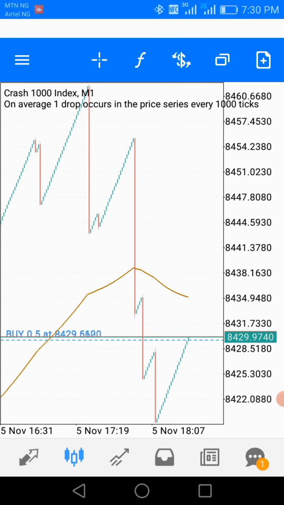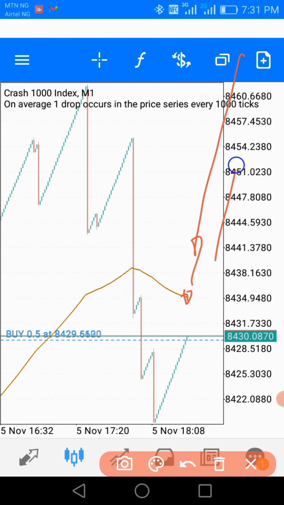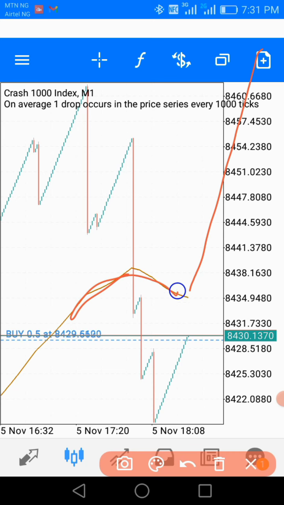Now remember, I said that for the market to cross and start having a very strong impulsive bullish move, it has to cross this. In other words, for Crash 1000 to have long trends, it has to cross this.